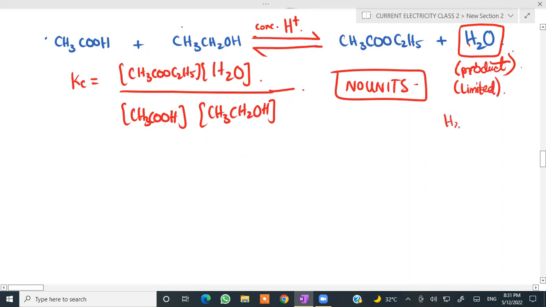But if water is extremely large, such that its change in concentration will not affect the concentration of water, such that the amount of water which is used in the reaction will not change its concentration, so in that case, you don't need to include water. But in this case, you have to include water because this is just a limited amount of water which is produced in this reaction. ठीक है?